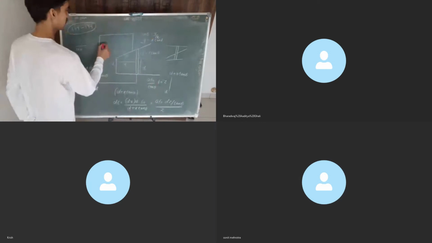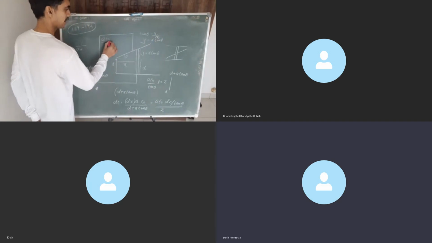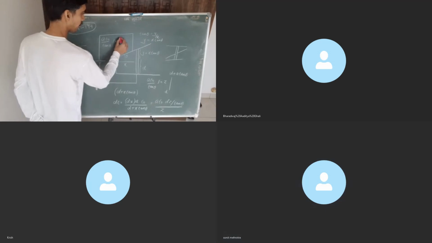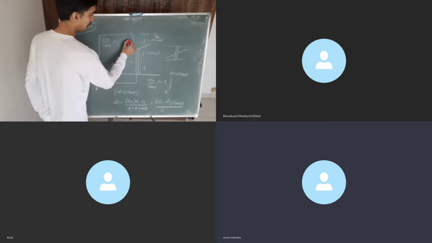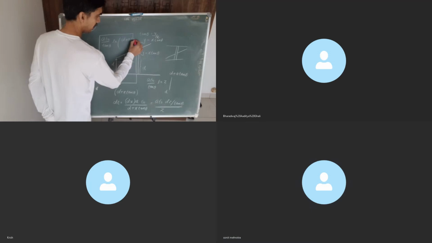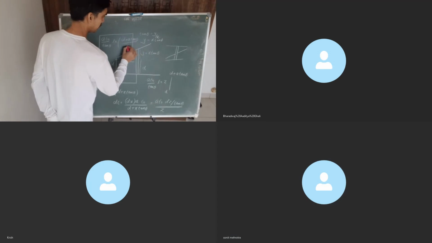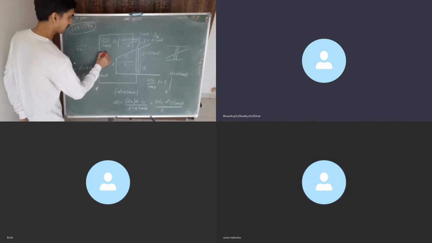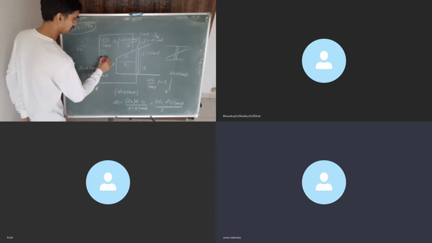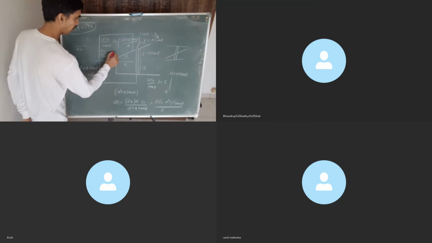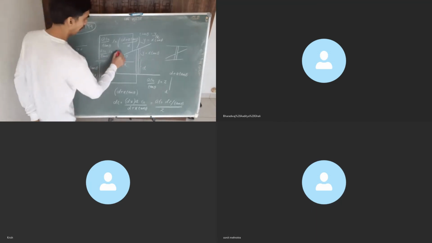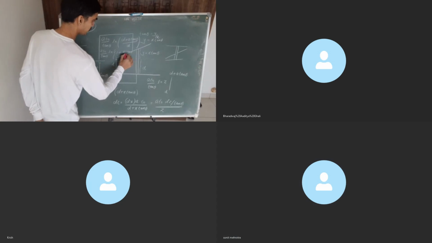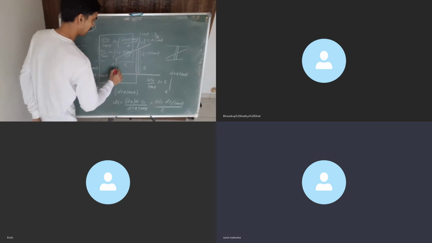So what we get to see is A epsilon naught by tan theta ln of D plus A tan theta divided by D. This is what we are getting. So that will get us A epsilon naught by tan theta ln of bracket open 1 plus A tan theta by D.